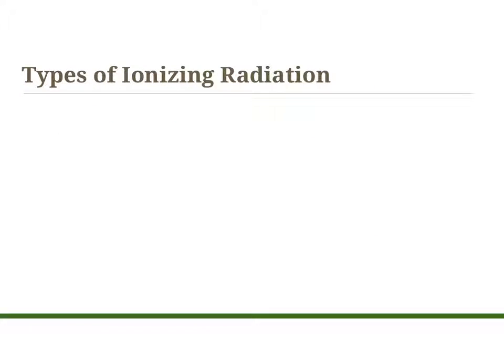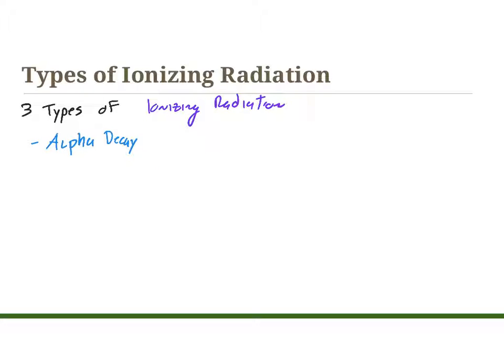Now, the types of ionizing radiation that we are going to focus on, and I've already kind of mentioned them. There are three types. Okay, so there is alpha decay, and the symbol for that looks something like that.